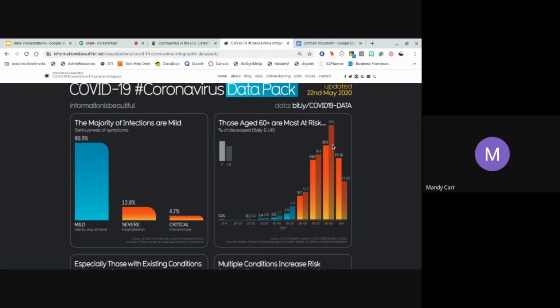So the UK is higher in every age group except for the people who are older than 90. And in that age group, Italy was very much higher than the UK. Okay. But you can see how they use this stacked bar chart to compare two different countries.